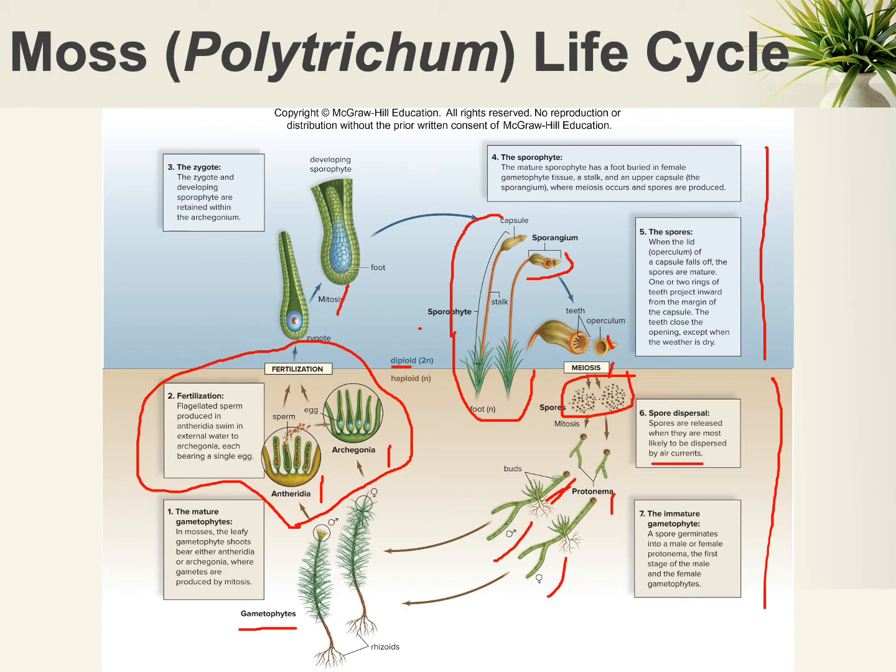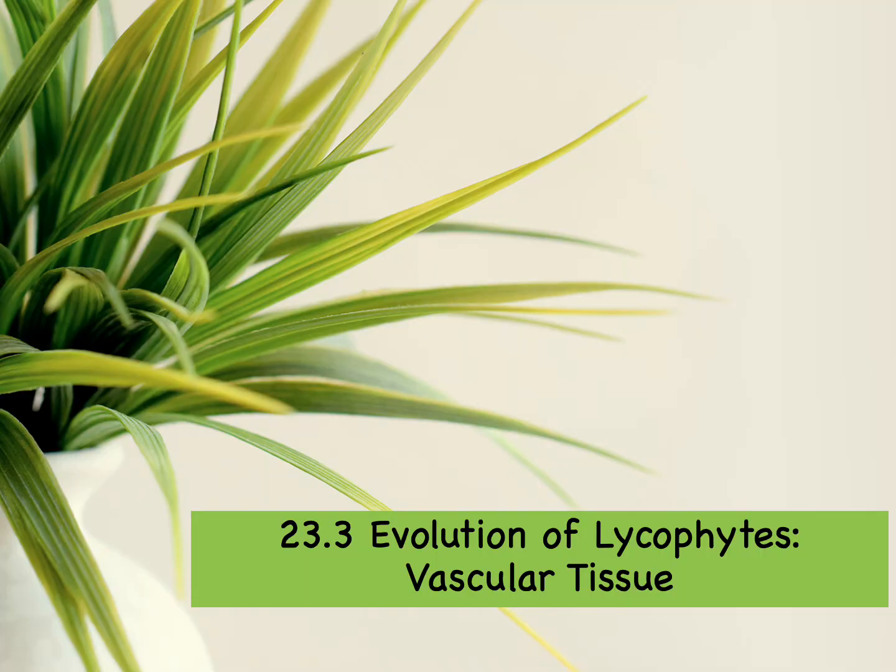Okay, so next we will go on into lycophytes. Lycophytes is the next subtopic, which is 23.3 from your textbooks. We go on into the evolution of lycophytes, which have the vascular system, or the vascular tissue.